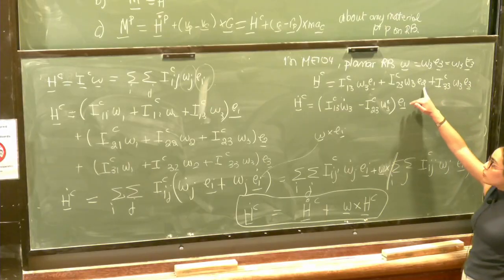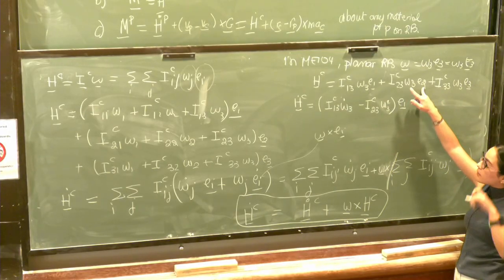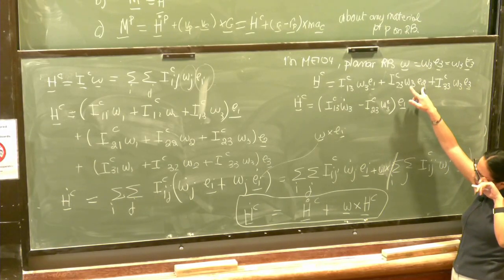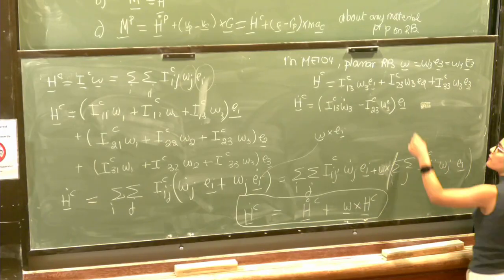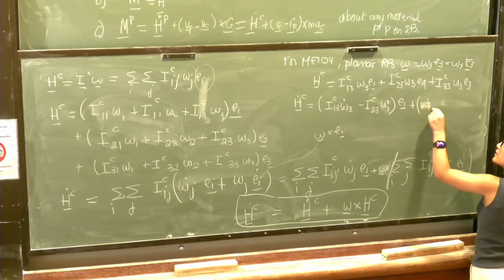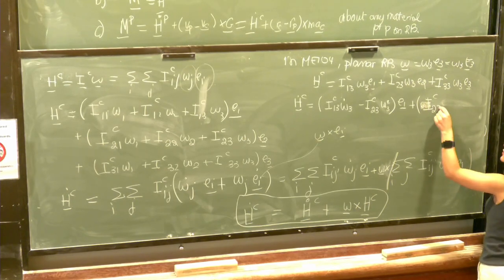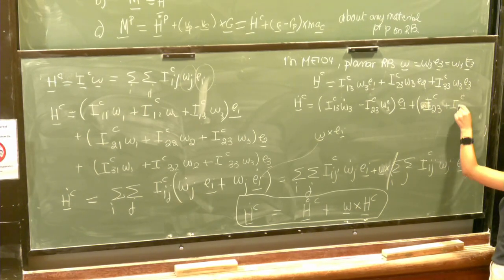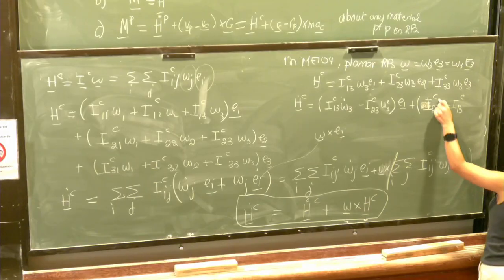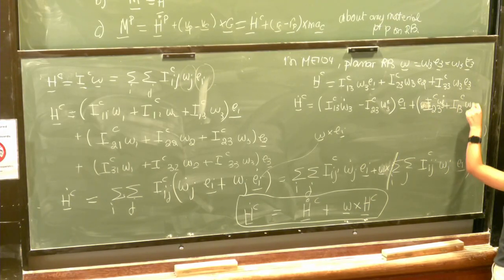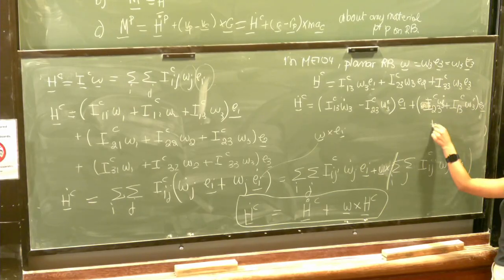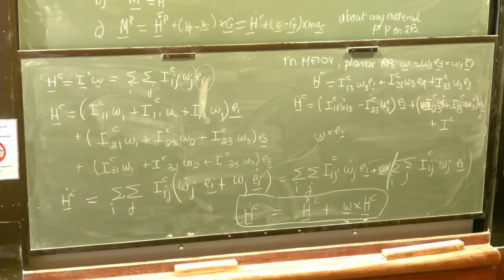Because e_2 dot is going to be omega cross e_2, which is plus, yeah, plus I^C_23 omega dot 3 plus I^C_13 omega 3 squared e_2, plus I^C_33 omega dot 3 e_3.